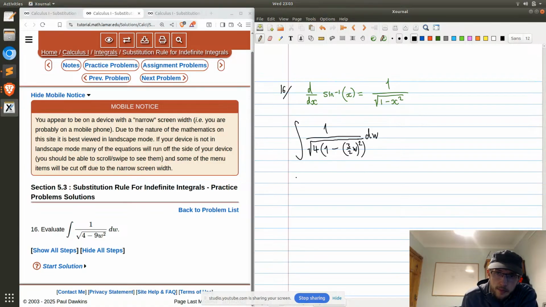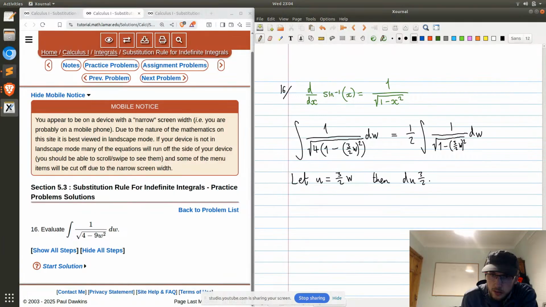And now we pull that out. And so that is, you know, radicals there, 1 over 2. Okay. du equals 3 over 2 dw.